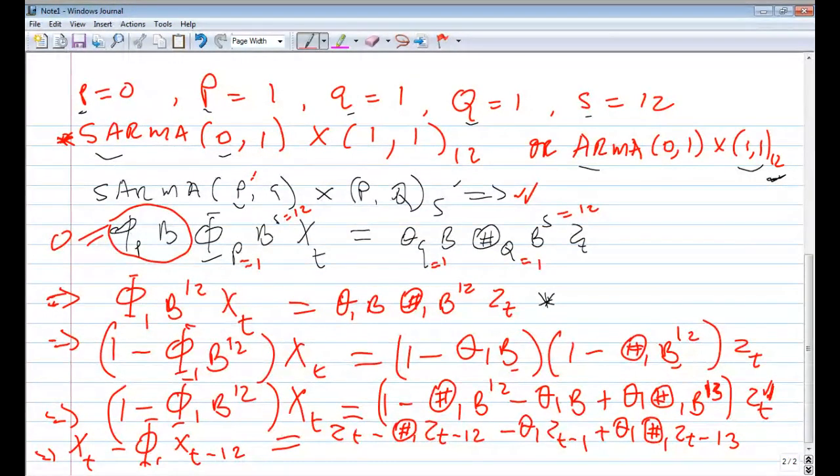Or instead of that, they just give you the backshift operator process, and they want you to come up with this one, SARMA. So you have to know those things. Or they just give you a backshift operator, which is this one, and they want you to write it in a normal way, xt minus 1, which is this one. So you have to know how to play around with those things. So you still want me to explain?